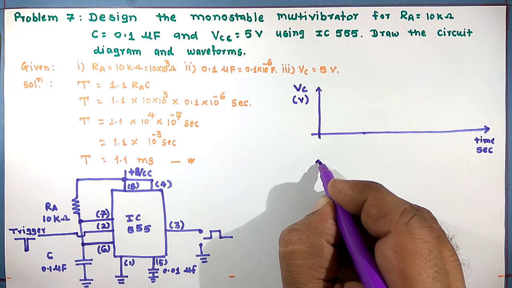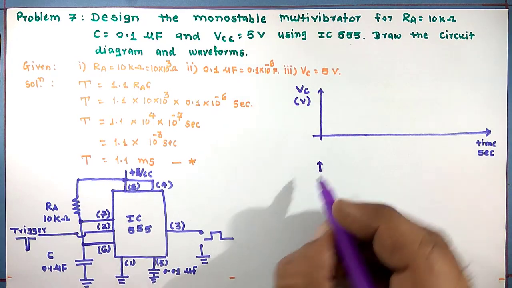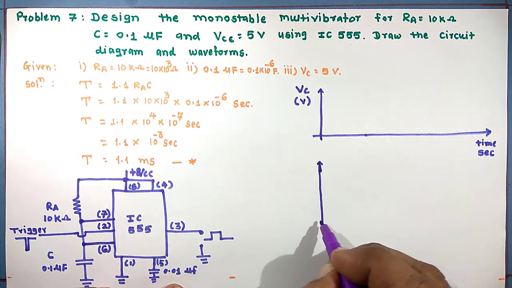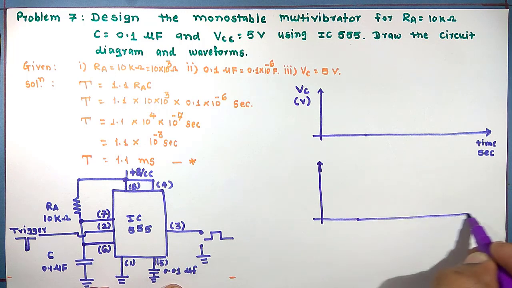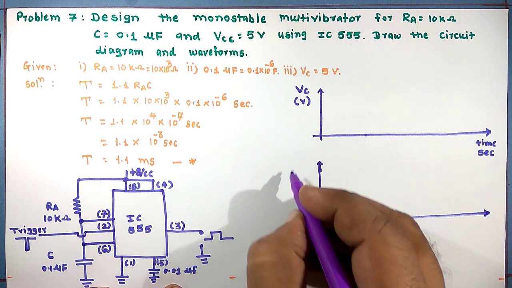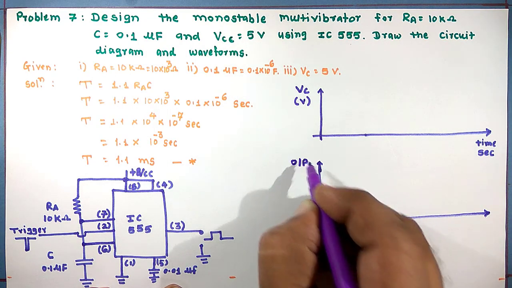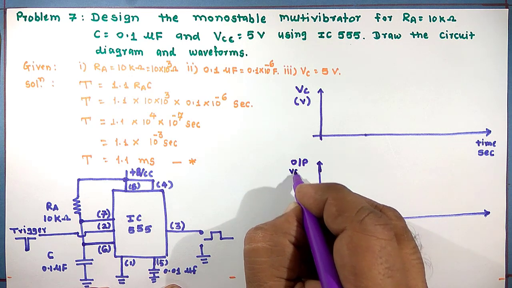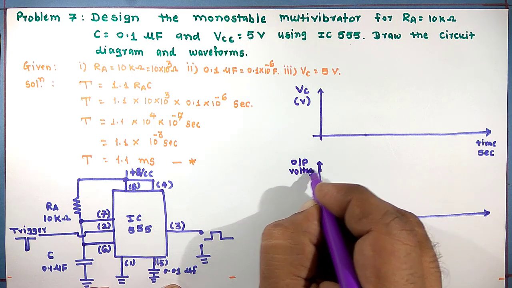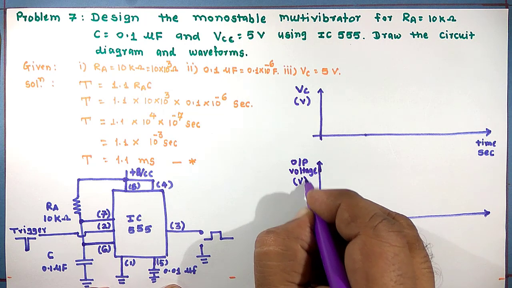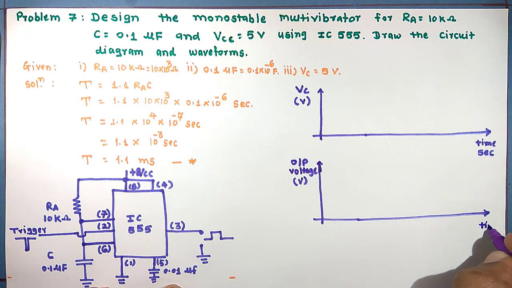Similarly, we can draw the output waveforms. Here output voltage is taken on y-axis, which is in volts, and time is taken on x-axis, which is in second.